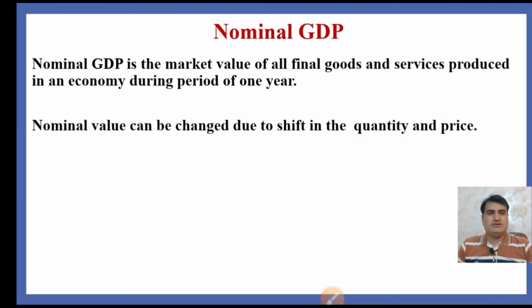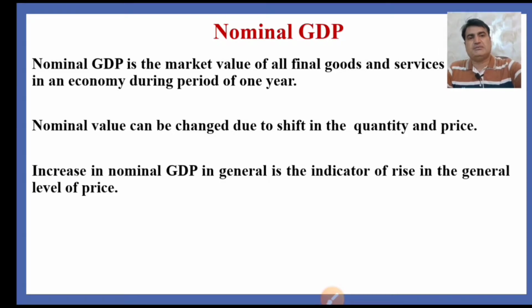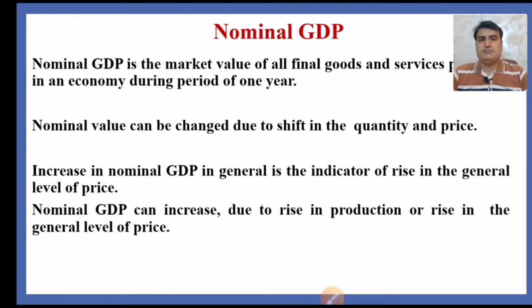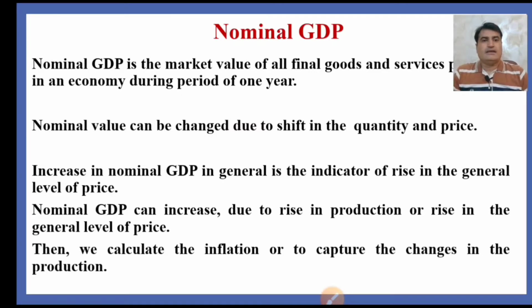Nominal values can change due to shifts in quantity and price. An increase in nominal GDP in general is an indicator of a rise in the general level of price. Nominal GDP can increase due to a rise in production or a rise in the general level of price. Then we calculate the inflation to capture the change in production.